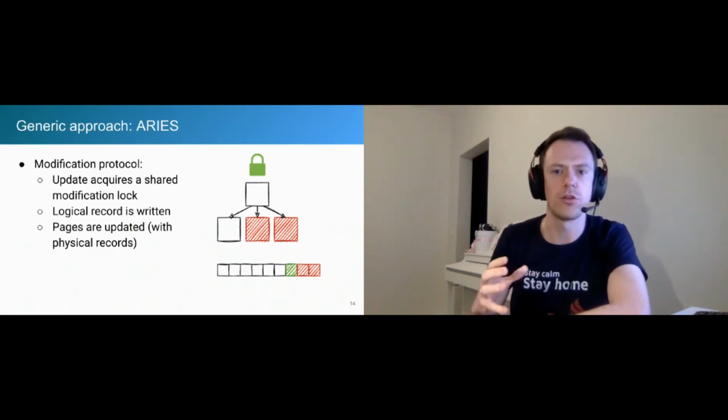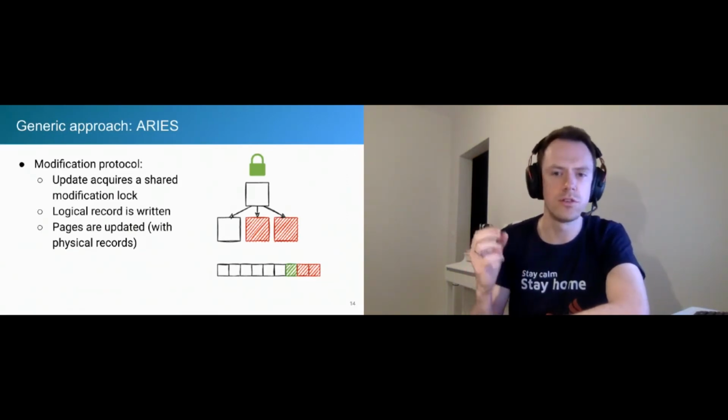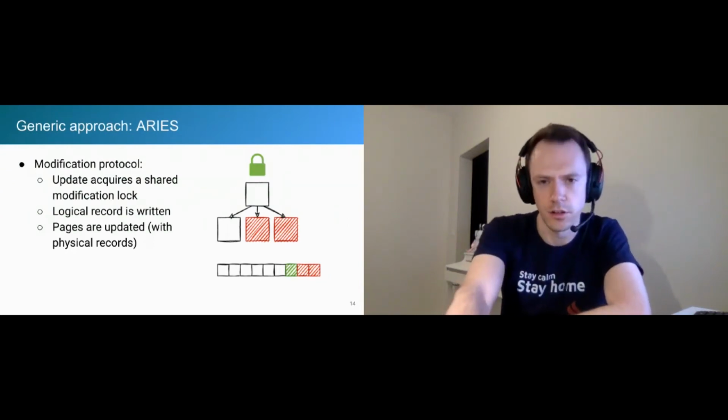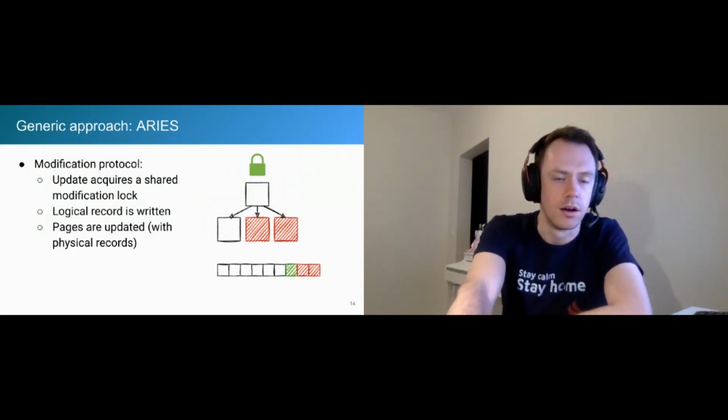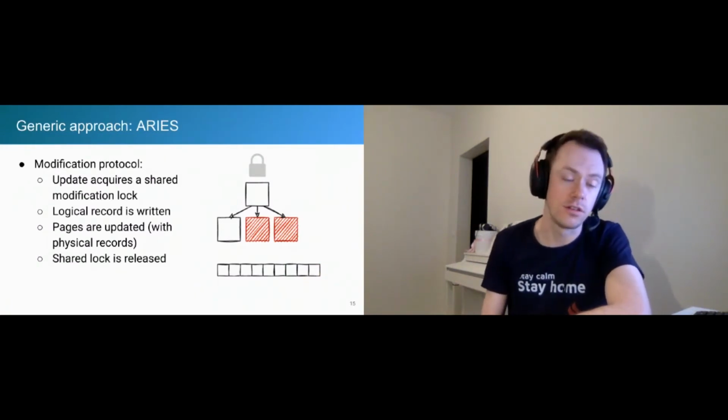So essentially, the protocol is: take a page, acquire write lock, put physical record to the write-ahead log, then release the lock. So once all the data structures are updated, the shared log is released.